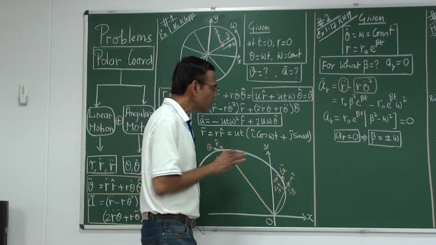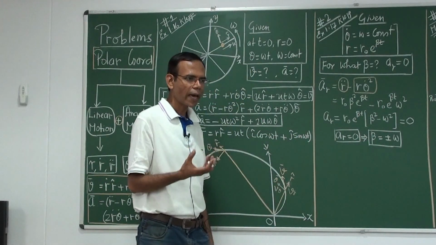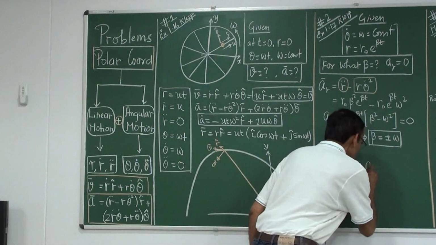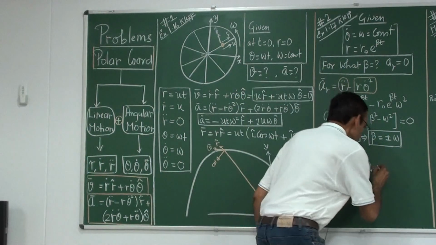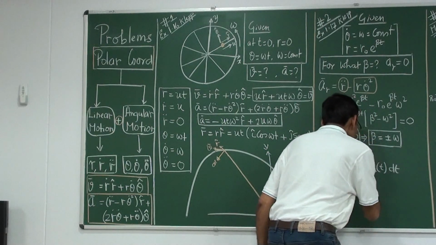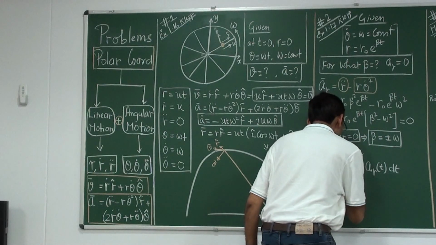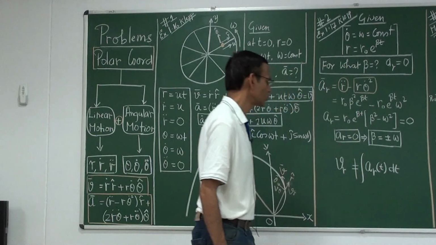So in polar coordinates, you cannot calculate from the acceleration components, like what we can write, that AR, basically AR is a function of time here, integral of AR dt, from there you cannot calculate VR. So this is not true.